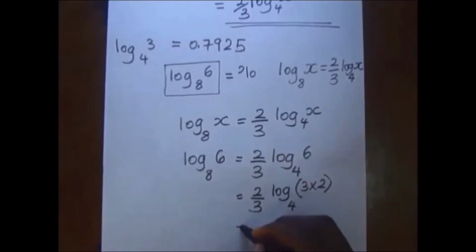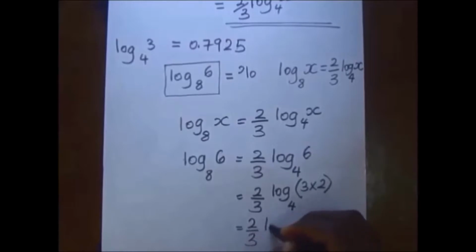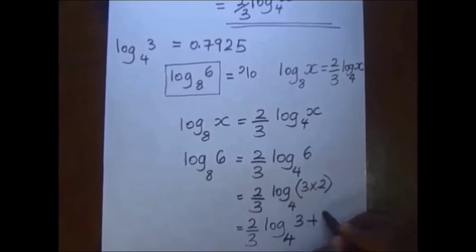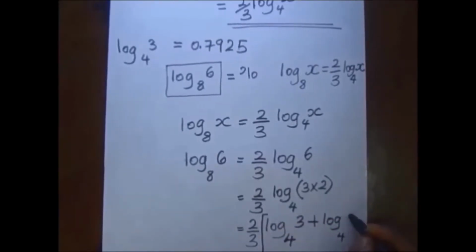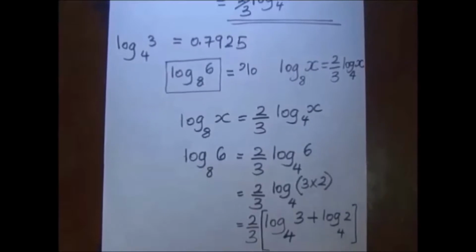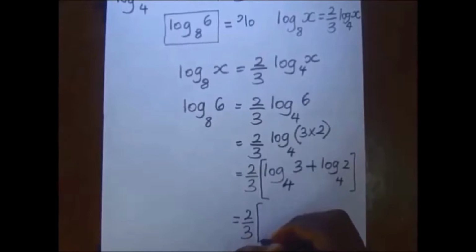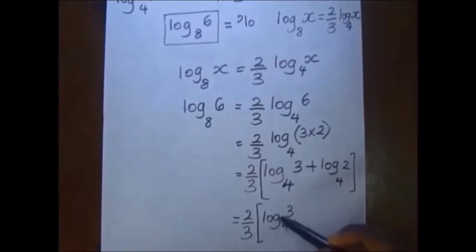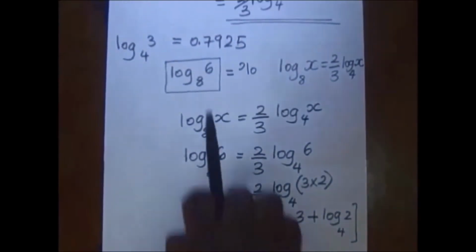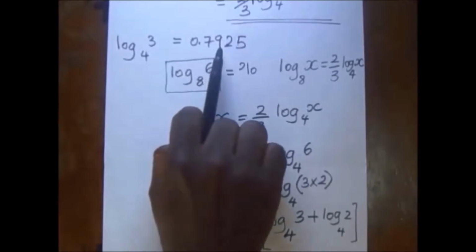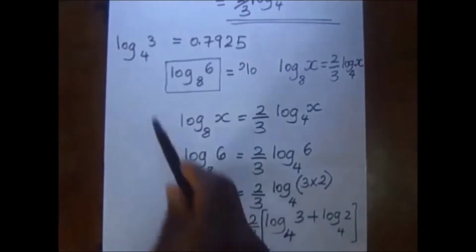So from there it is the same as saying 2 over 3 times the log base 4 of 3 plus log base 4 of 2. If we continue like that, this is going to become 2/3 into logarithm of 3 base 4. Now we already have log of 3 base 4 from our question. It says that log of 3 base 4 is 0.7925. So at this point we simply substitute for that.